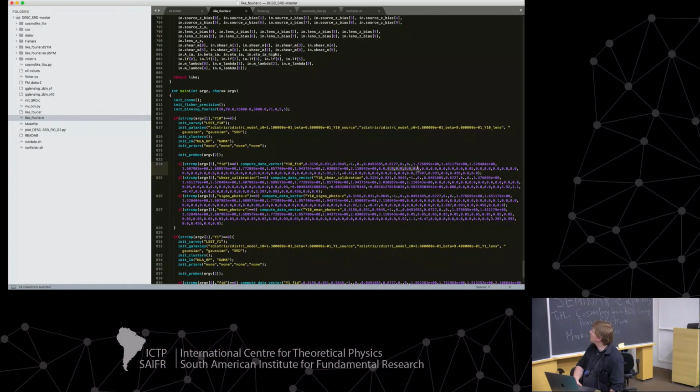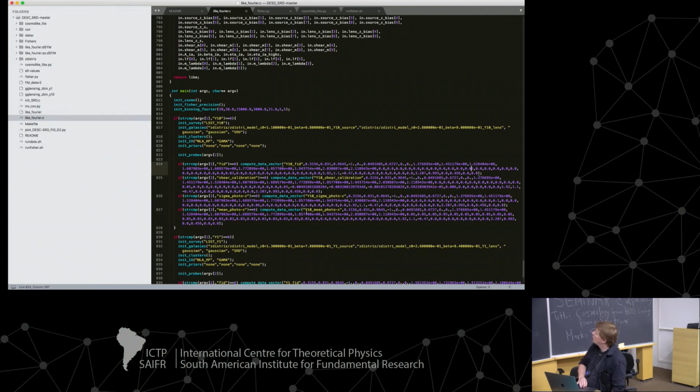These are various photo z uncertainties. Yeah, this is photo z, and this is sigma z. So you can see 10 zeros in the fiducial case. There is the assumption that there is no shift in the photo z parameter.